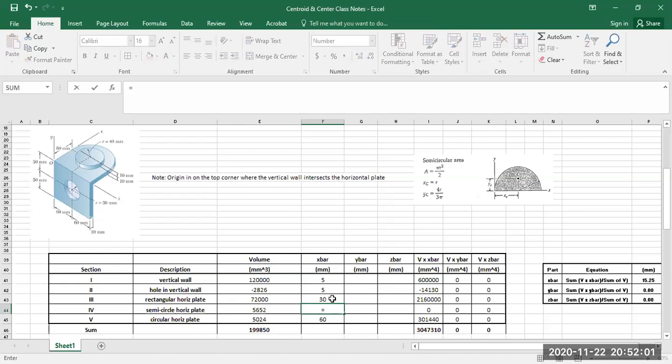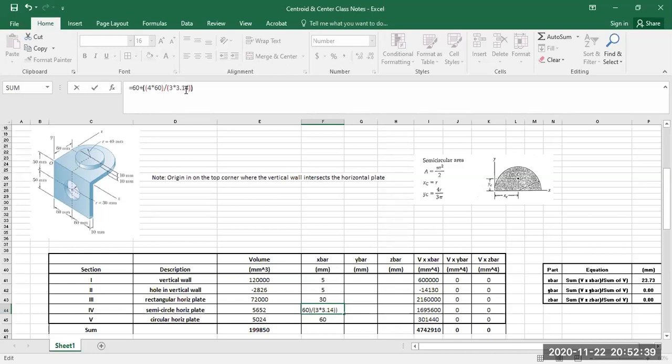It equals 60 plus, parentheses, 4r, and the radius is 60, divided by 3 times 3.14.